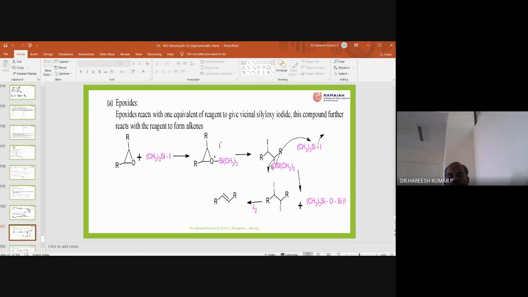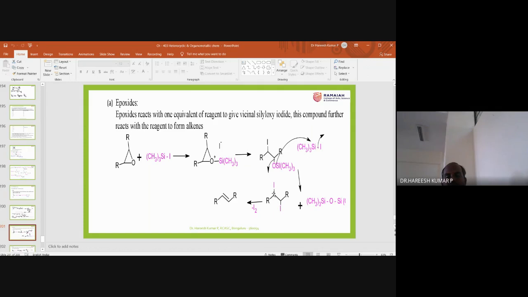At this stage, if we are using more trimethylsilyl halide, there will be a new bond formation between this oxygen and this silyl. Once there is a new bond formation between this oxygen and this silyl, since there is an involvement of the lone pair in the bond formation, this bond pair moves towards oxygen, then this I minus will form a bond with this carbon. So that is how a diiodoalkane is obtained. How is this diiodo eliminated?